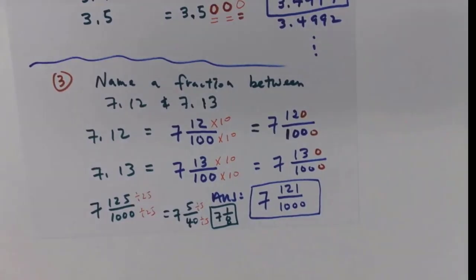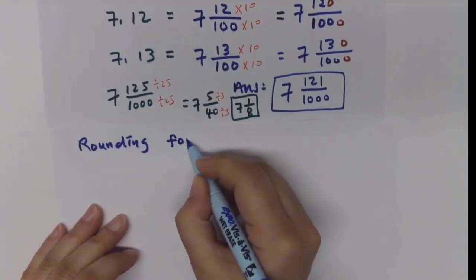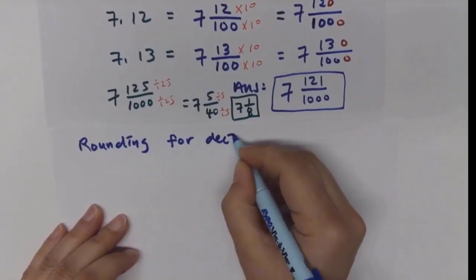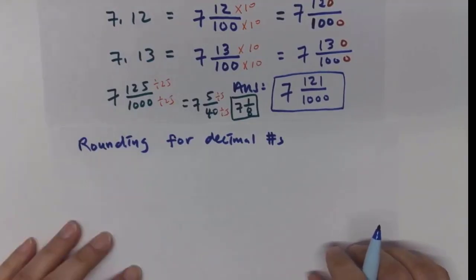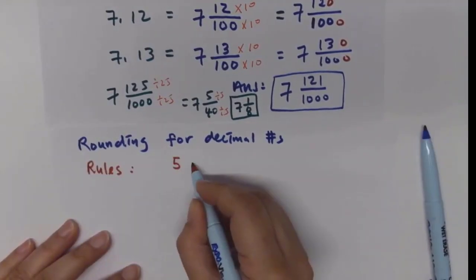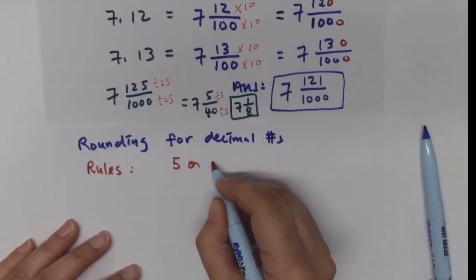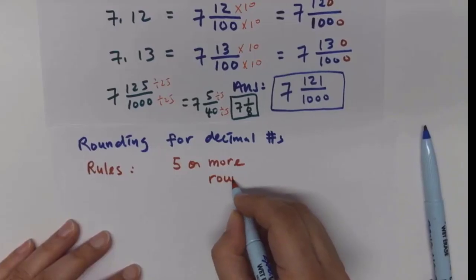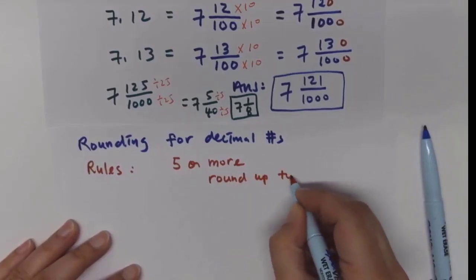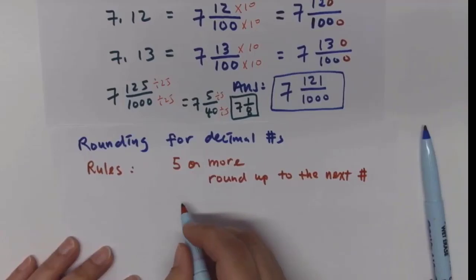All right. Next, we are going to do some rounding for decimal number. So, what is the general rules for rounding? Is it 5 or higher? Then you do what? Round up to the next number. Less than 5.